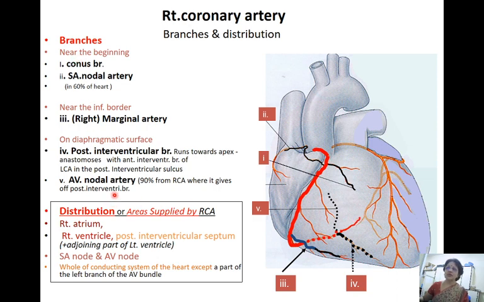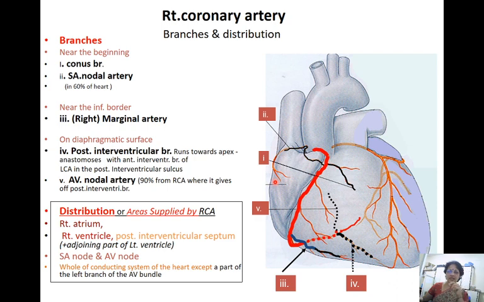So we have at least five named branches: the conus branch, the sinuatrial artery, the right marginal artery, the posterior interventricular branch, and the AV nodal artery. You can remember that two are near the beginning, and this one is near the inferior border from the diaphragmatic surface. That will be good because we have to establish visually where it all goes. It also shows that you are aware of location, which is very important in coronary angiography, because there you don't see the surface of the heart at all, you see the branching.